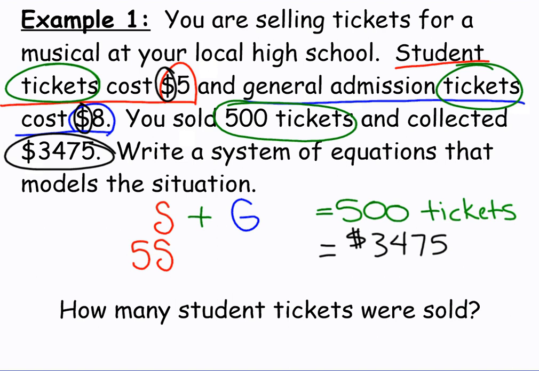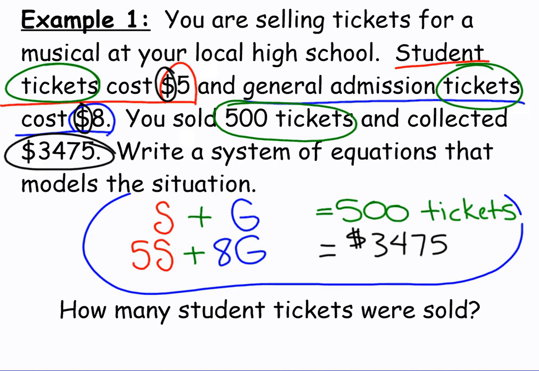I'm going to do the same thing for general admission. General admission is G, but I know it costs $8 for every general admission ticket I sell. In order to get my total amount of money, I need to add my student ticket $5 bills with my general admission $8 payments to get my total of $3,475. There you have it. This is the system of equations that models this situation.